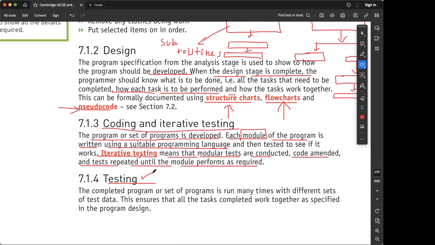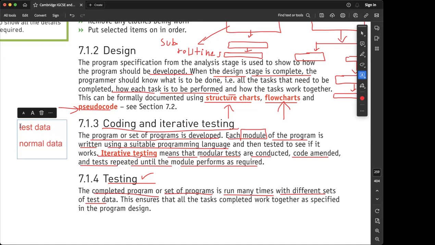Are you getting it or not? Yes. So the completed program or set of programs is run many times with different sets of test data. Yes, there is a word called test data. I think you're familiar with this word. In test data, how many types? Normal data we have, abnormal data. Do you know these things?